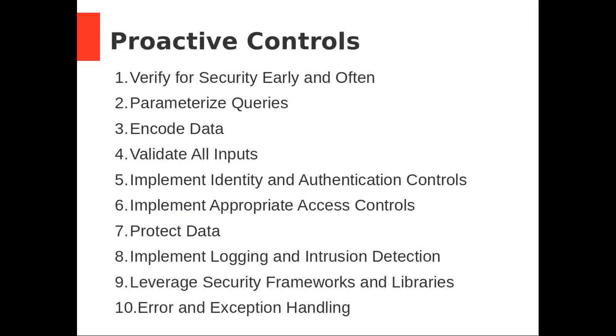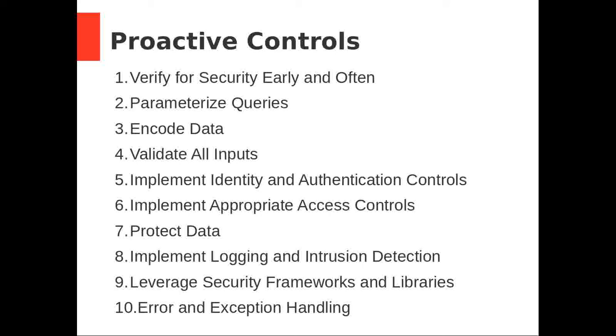Fortunately for us, OWASP has also developed a list of their top 10 proactive controls that application developers can implement in order to help prevent attackers from taking advantage of vulnerabilities. Verify for security early and often. Make sure that security is baked into the development process.